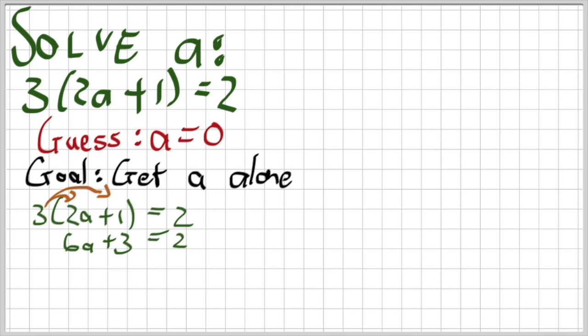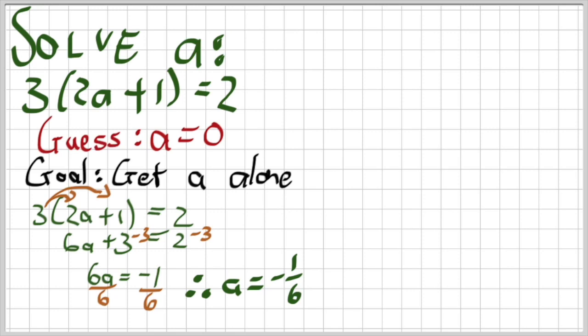How did we do it previously? I subtracted 3 on both sides, because that's the inverse operation of plus 3. That leaves me with 6a equal to negative 1. If I divide both sides by 6, I get a equals negative 1 over 6.